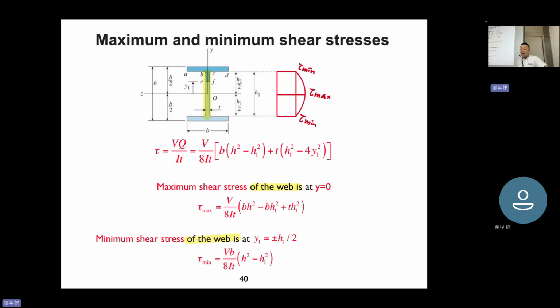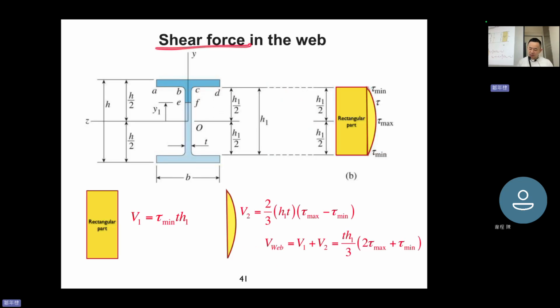Then, because we can determine the shear stress in the web, we can also determine the shear force in the web. Okay, shear force in the web, because all we need to do is determine this and times its area. If we get the area, times the area, we can get the shear force.